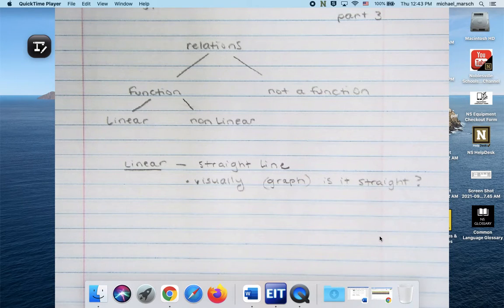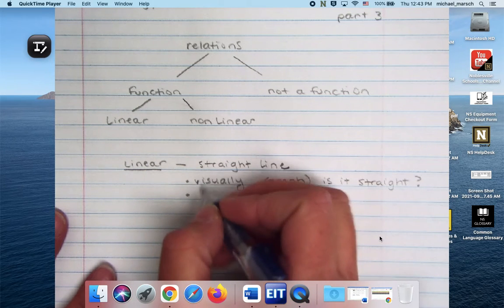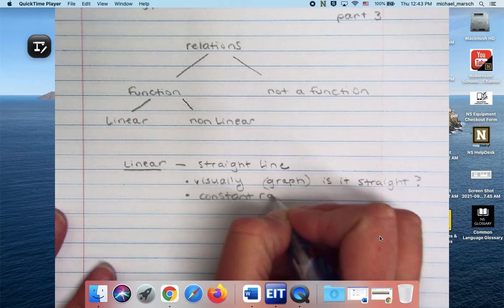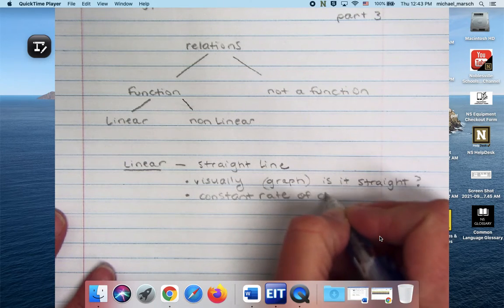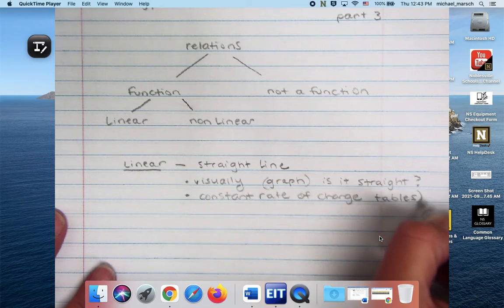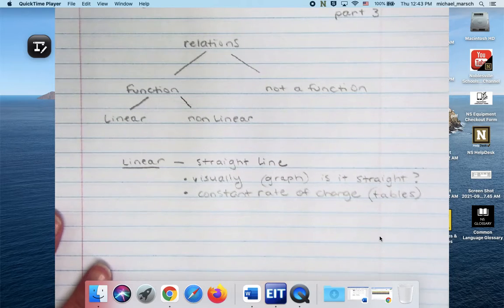Linear. Is it not straight? Nonlinear. Or you can look for a constant rate of change, which we will be looking at tables for that. Table of values.